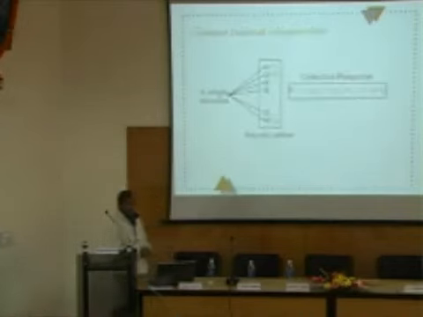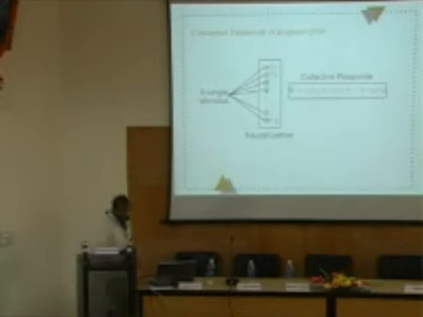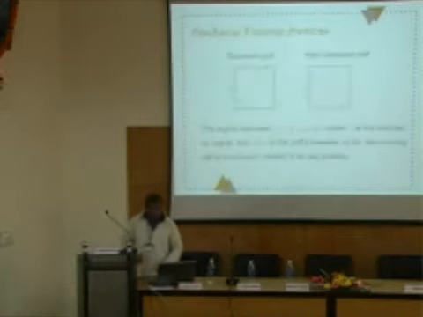The idea is like this: you have a single stimulus that goes to multiple neurons, and these are special neurons, and then you have a collective response. You can think about it like a photon hitting multiple slits, and then you have a collective response.